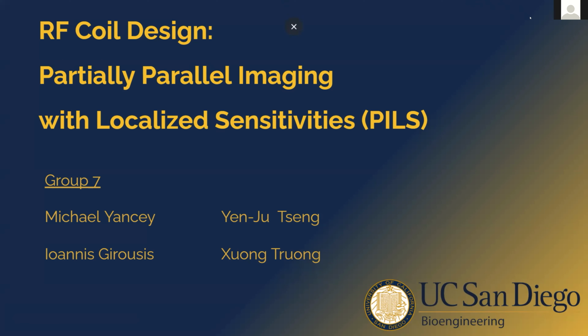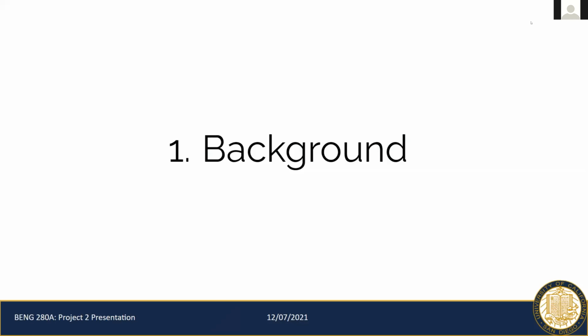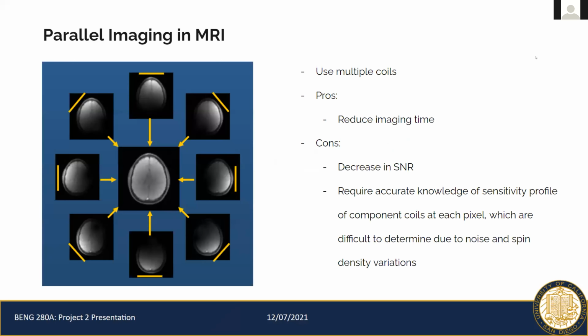All right. So hi everyone, we're group number 7 and we're going to talk about RF coil design. Particularly, we talk about a method called PILS, partially parallel imaging with localized sensitivities. First, we'll go over a little bit of background. As we have seen in class, parallel imaging means that we have more than one receiver coil and each coil can scan the object at the same time to reduce imaging time.